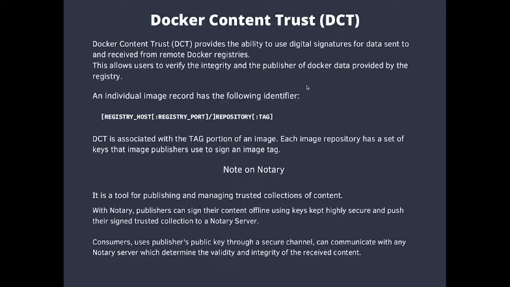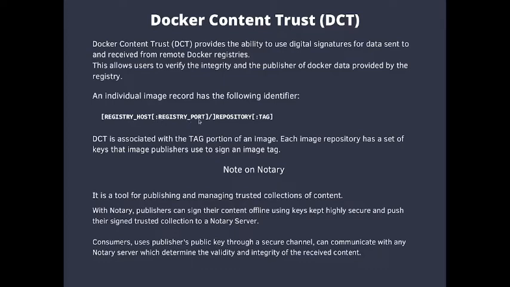Okay. Now the next topic is Docker Content Trust. Basically, Docker Content Trust provides the ability to use digital signatures for the data sent to and received from remote Docker registries. This will verify the integrity and the publisher of Docker data provided by the registry. We can see the image record here: Docker registry host colon registry port.